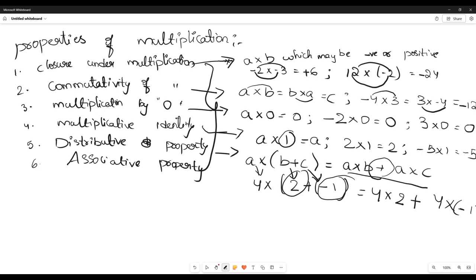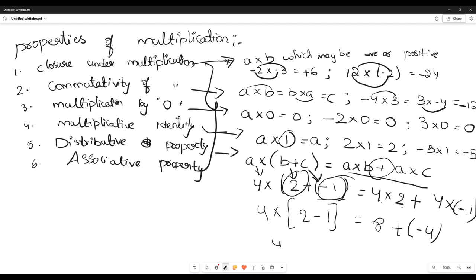I'm writing the minus 1 here. 4 into 2 plus, first we have to remove the brackets. Plus into minus, always minus. Here, 4 twos are 8 plus, here we have to remove the brackets, which means we have to multiply. 4 into minus 1, minus 4.